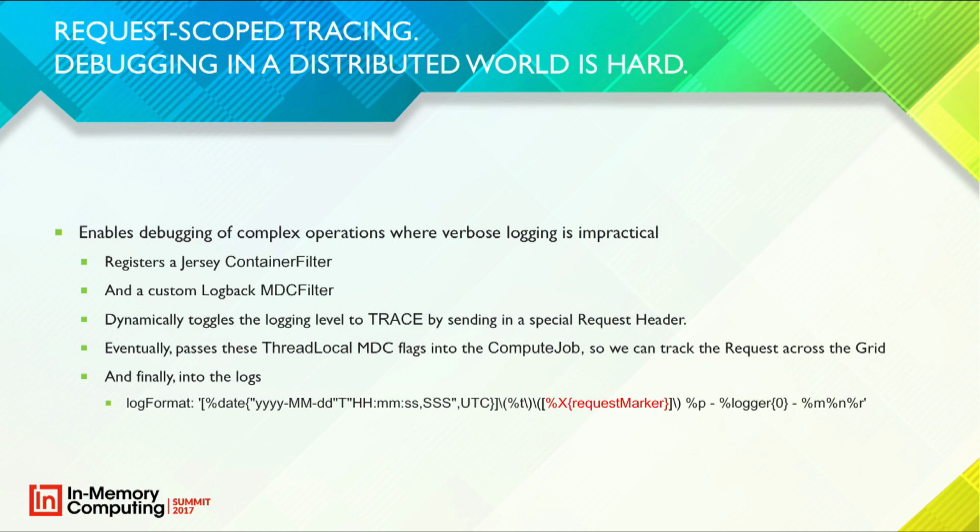It turns on trace logging and then passes through the GUID that got sent in originally or got tagged for that request, depending on how it worked, because the GUID will pass around, and it will then get set into the MDC, and then of course it ends up in your logging through standard MDC logging.